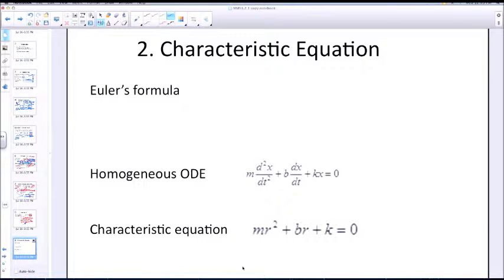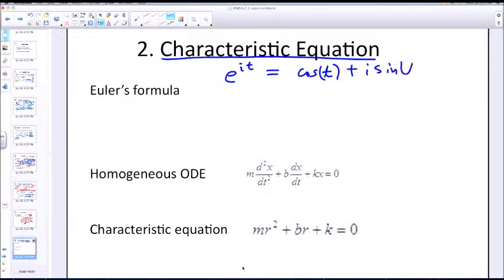I'm going to introduce that concept first, characteristic function. First, let's look at the Euler formula you learned at the end of Calculus 2. It's e to the it, the i is the imaginary number, equals cosine t plus i sine t.